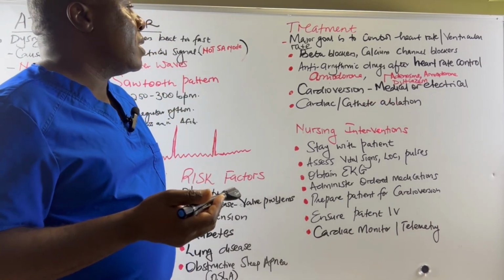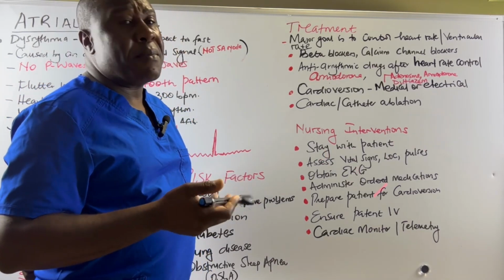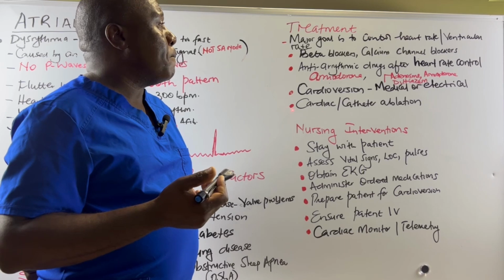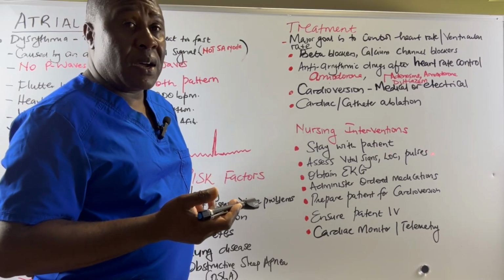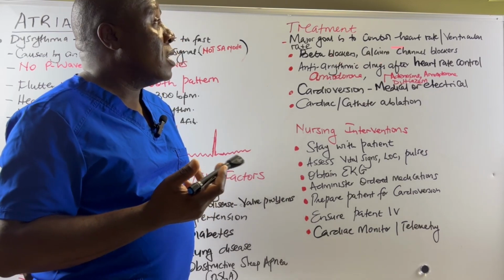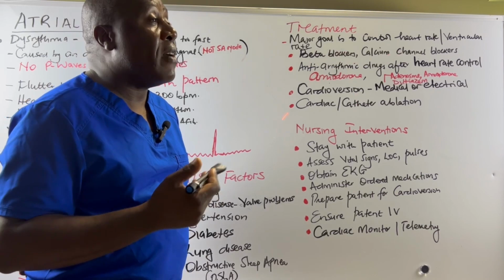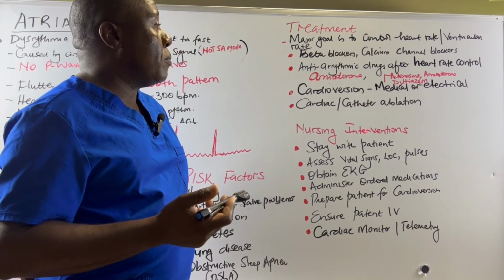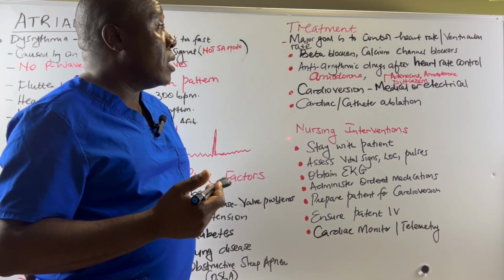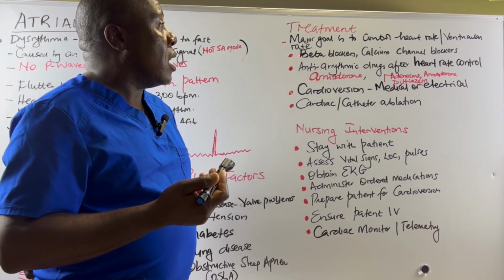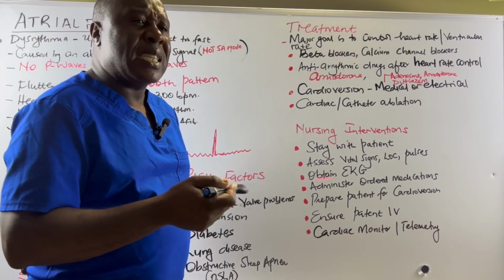And then, what are some of the complications of atrial flutter? Remember, we can have reduced cardiac output, because the heart is not having enough time to fill up so that it can deliver enough blood to the lungs or even to the body. We can also have blood clots developing because the atria are beating so fast.